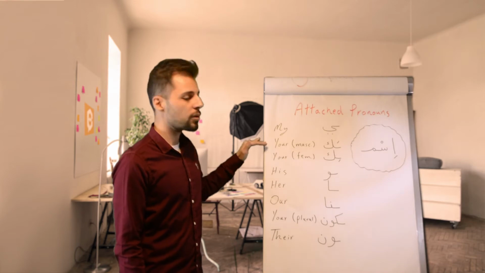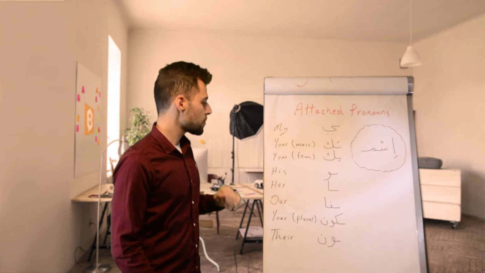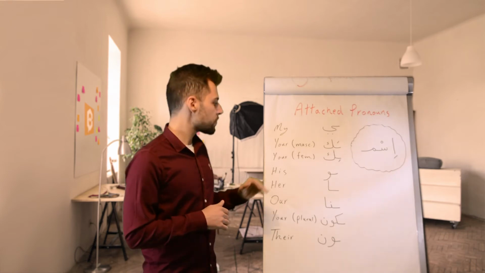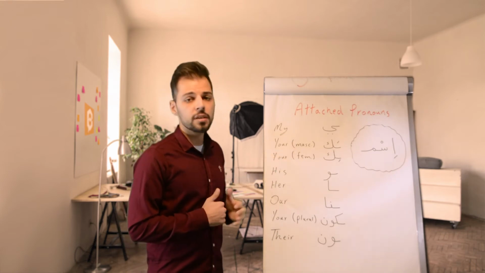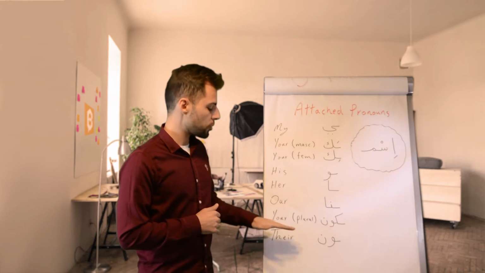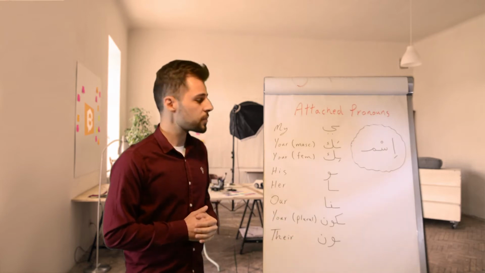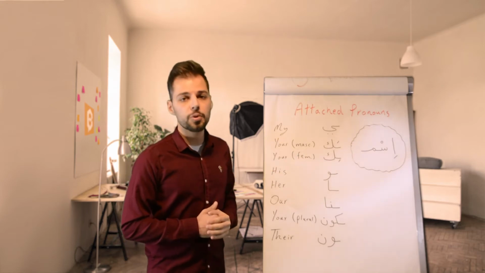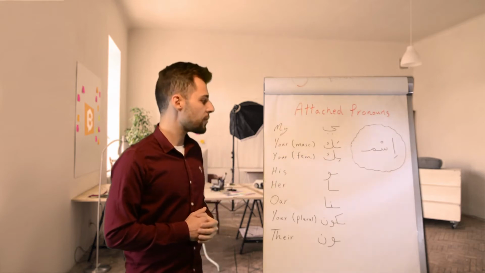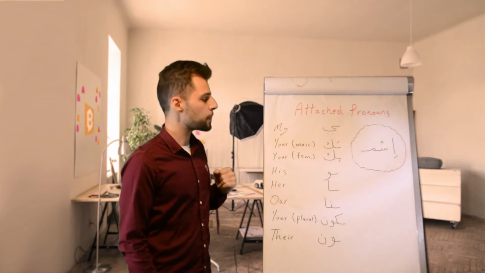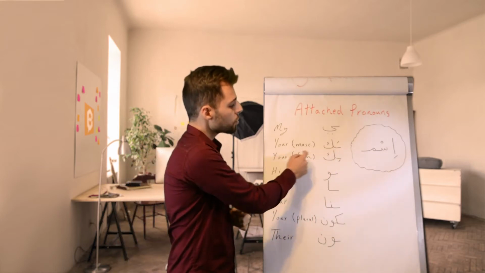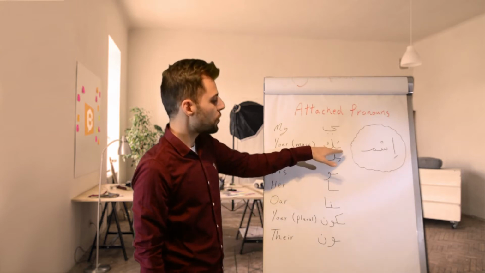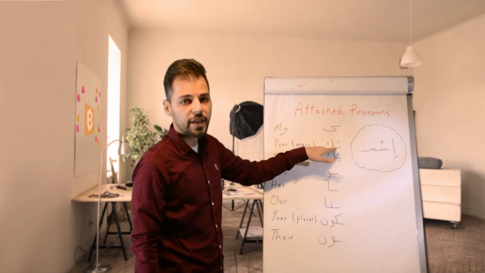It's the equivalent of your in English. While in English, your can either be used for masculine and feminine singular words, also for plural words. In Arabic, we have a separate attached pronoun for each one of them. For example, we use ka with the sound fatha for the letter right before the kaf.